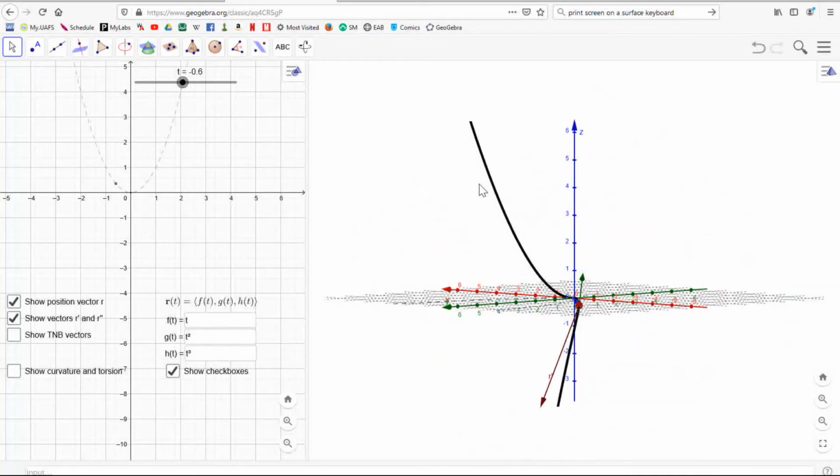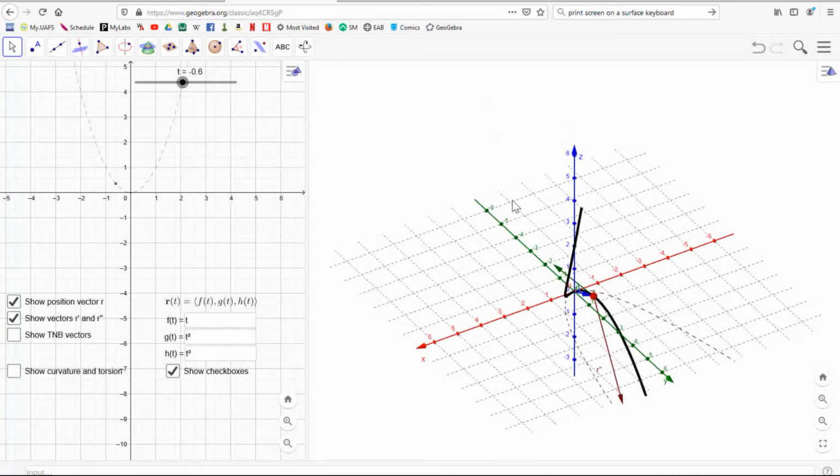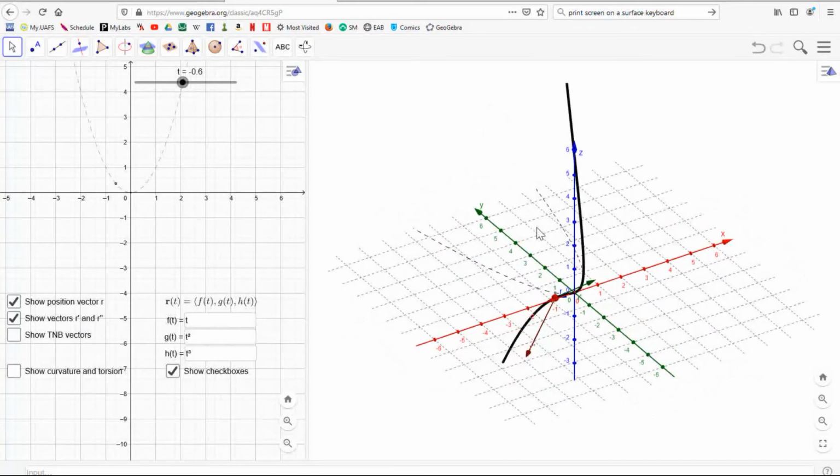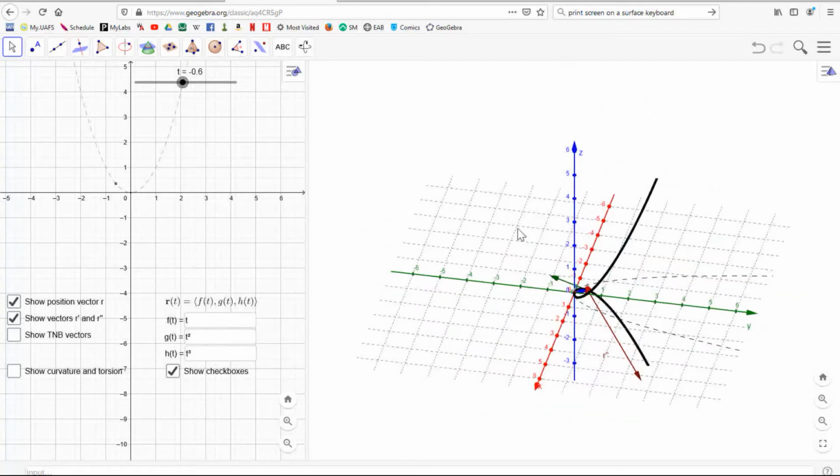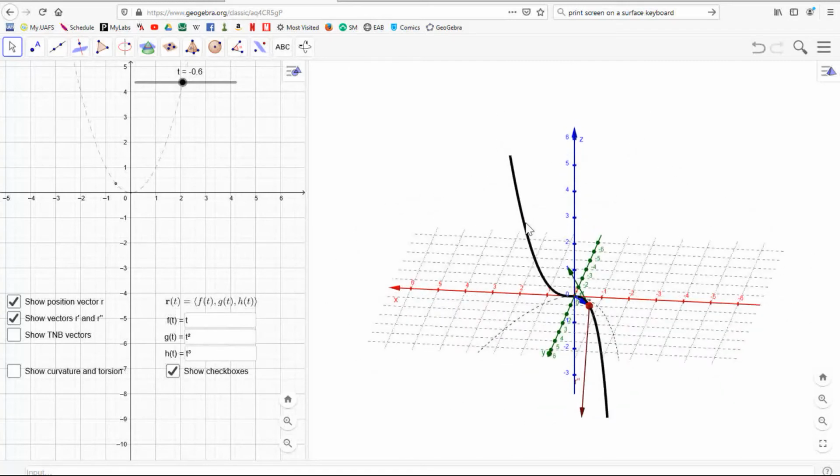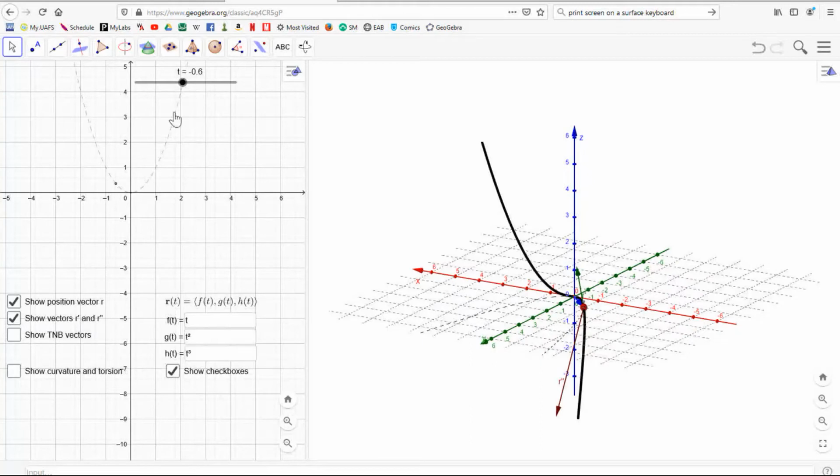So depending on where you are on this thing and what view you're looking at, some of these things are easier to see than others. Okay, now these TBN vectors, I'll go ahead and throw those up there as well.